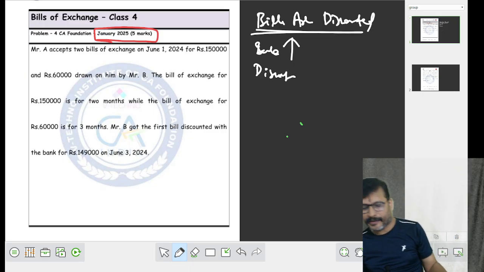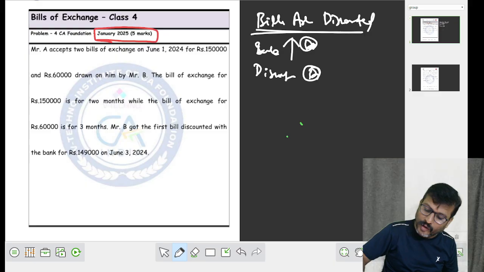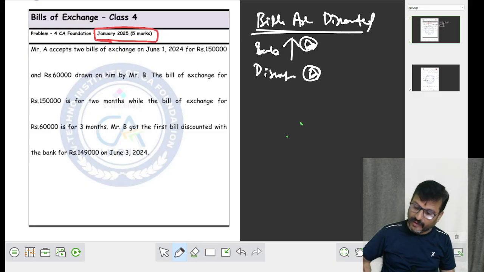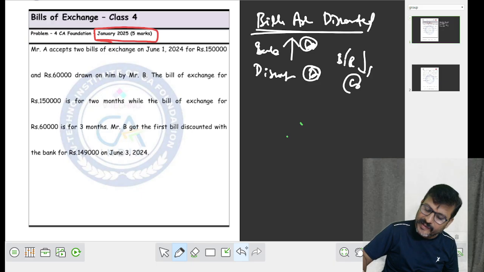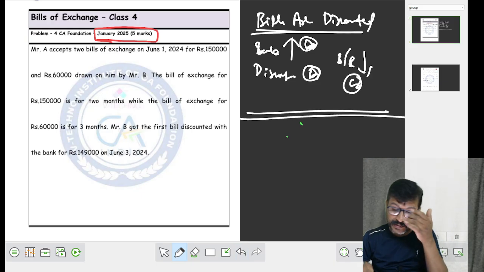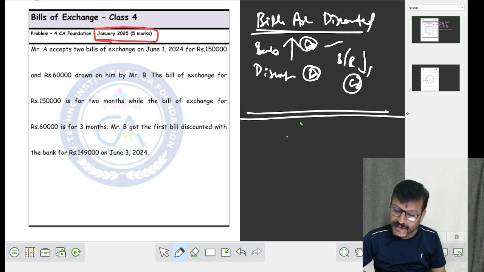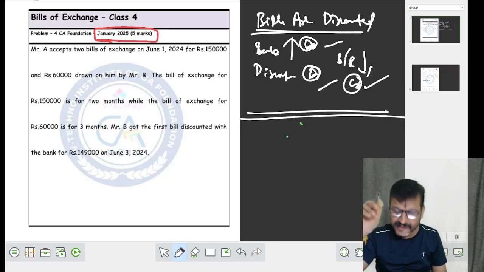Your, meaning a drawer's, discount is to be debited and bank is to be debited. Obviously, when the bills are discounted, your bills receivable will decrease, it is to be credited. For this, the journal entry is bank account debit, discount account debit, to bills receivable account. This is the entry for bills discounted.